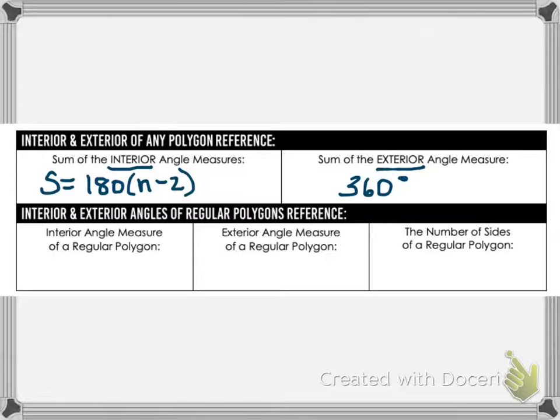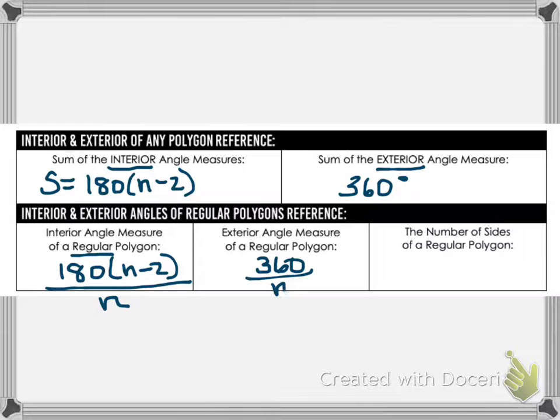So the interior angle measure of a regular polygon would be whatever the sum of the interior angles is divided by how many angles there are. So that is the measure of one of the interior angles of a regular polygon. Exterior angle measure of a regular polygon would be 360 divided by the number of sides.